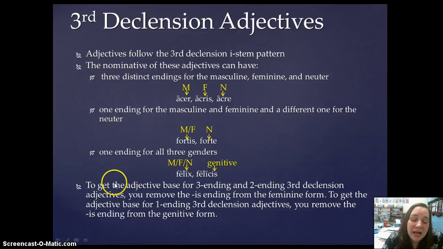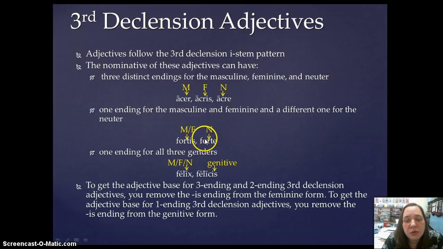So, excuse me, the adjective base. To get the adjective base for three ending or two ending third declension adjectives, you're going to take the is ending off of the feminine form. For the first type, there's a distinct feminine ending from which you're going to remove that is ending.